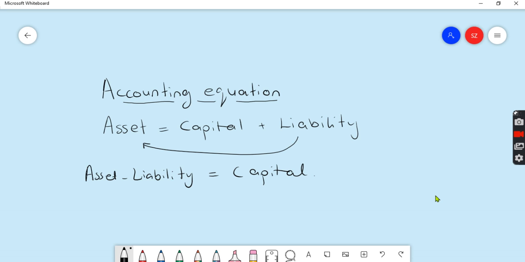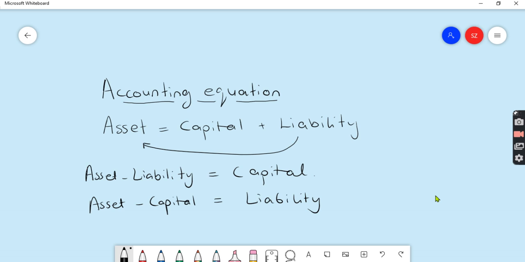Or we can bring the capital to the asset side. So asset minus capital will give liability.